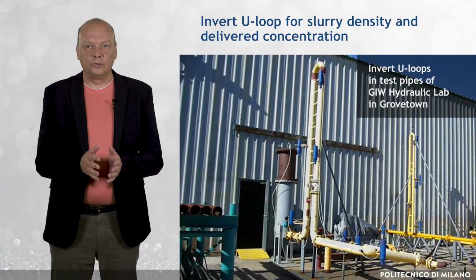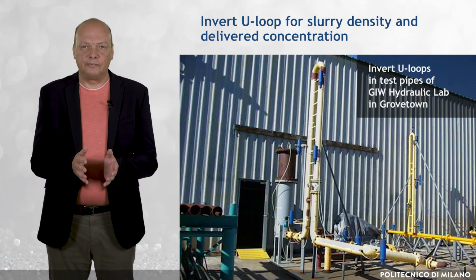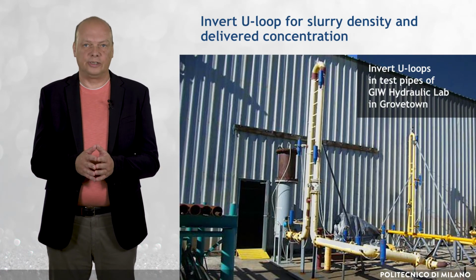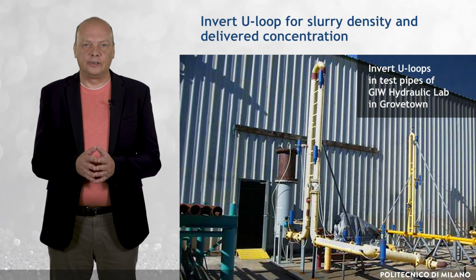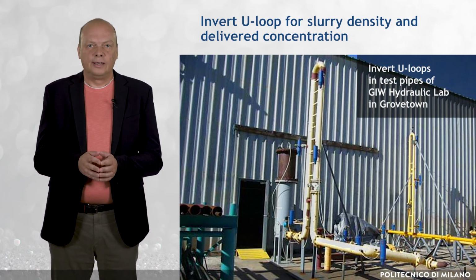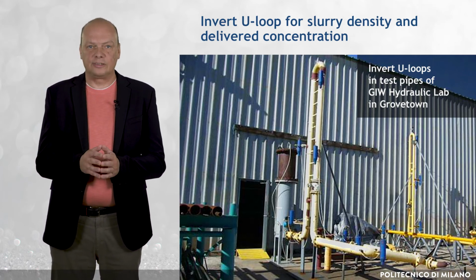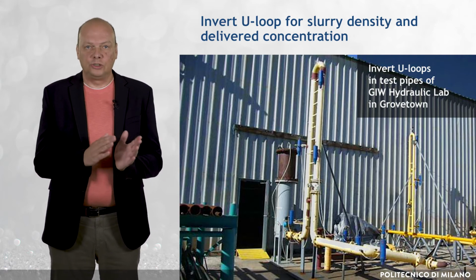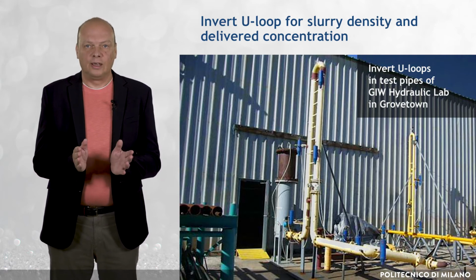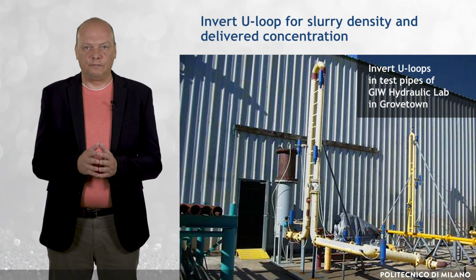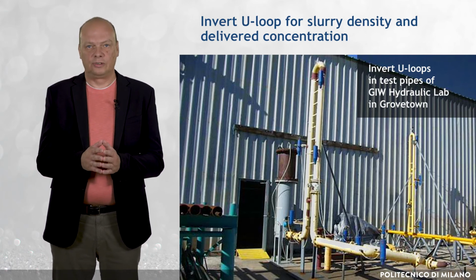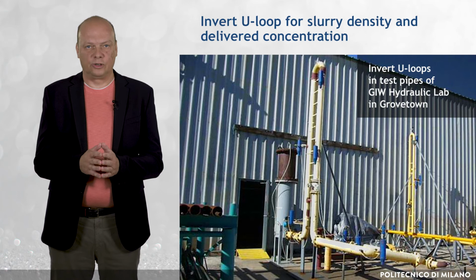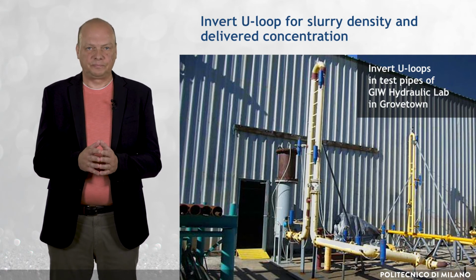A particularly useful device for measuring delivered density and concentration is a vertical inverted U-tube. The unit employs measurements of the pressure drops in the two vertical tubes of the U-loop using differential pressure transducers to determine the mean delivered concentration of solids.